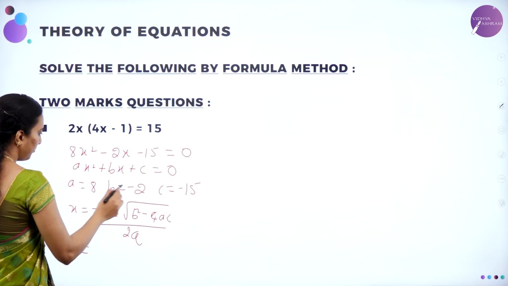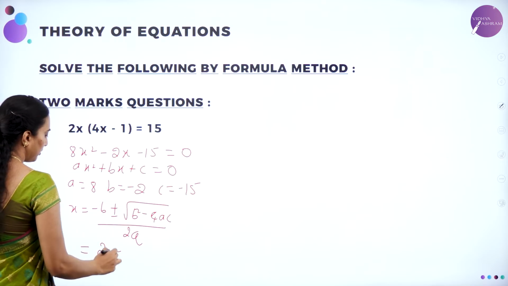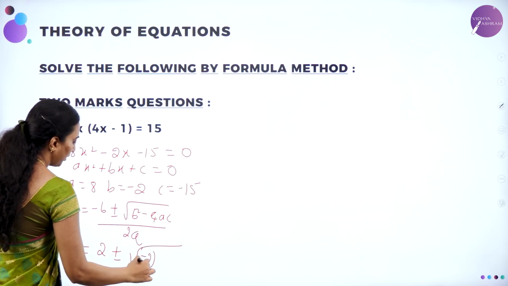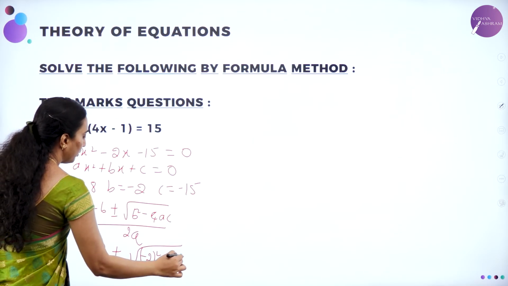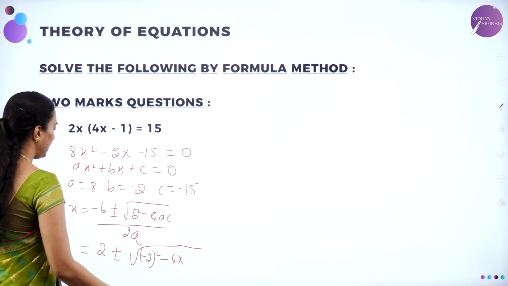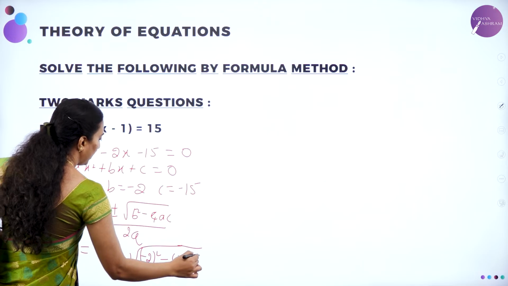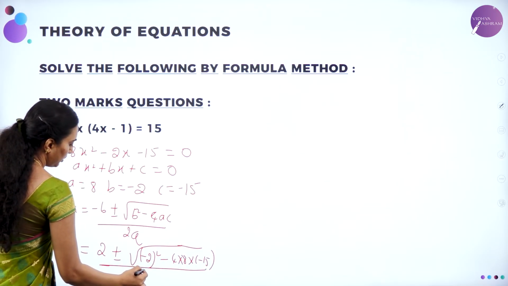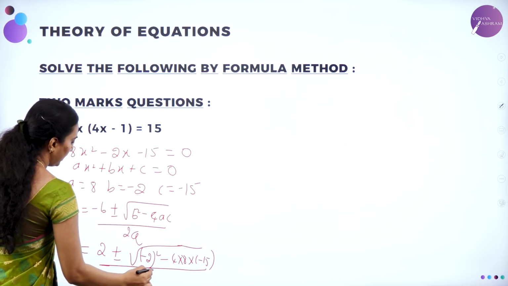So minus of minus is plus. 2 plus or minus square root of b squared, which is minus 2 whole squared, minus 4 into a value, which is 8, and c value, which is minus 15, divided by 2 into a, which is 2 into 8 again.